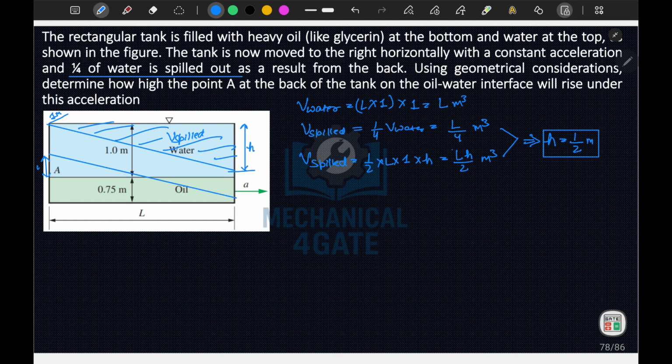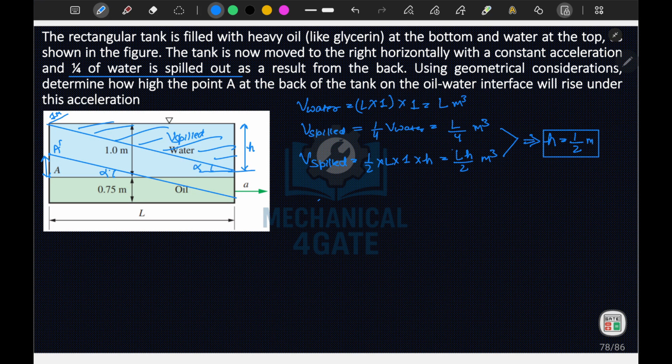Let's say this point is A, and this point is A dash. Let's say this angle is alpha, and this angle is also alpha.